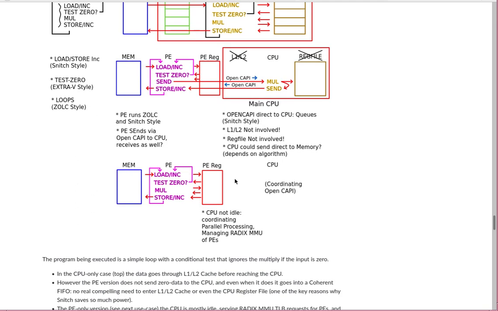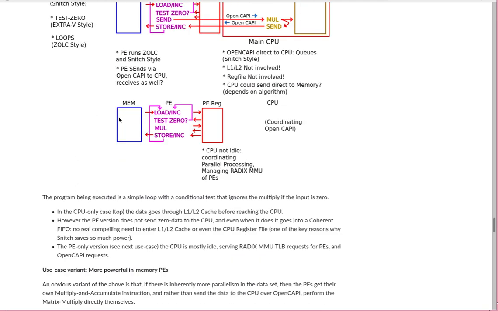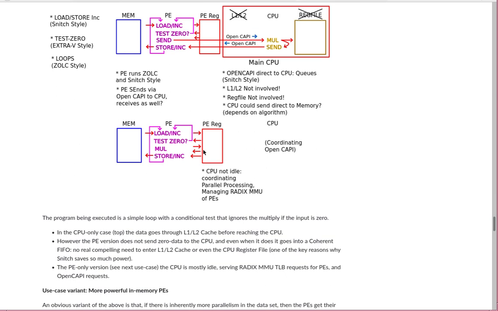And finally, if you really want to, if it's FP16 and small enough, and you can do it in parallel, you actually put the FP16 multiply unit down in the processing element, and you give the processing element a register file because it's nice and small, running slow, and so on.